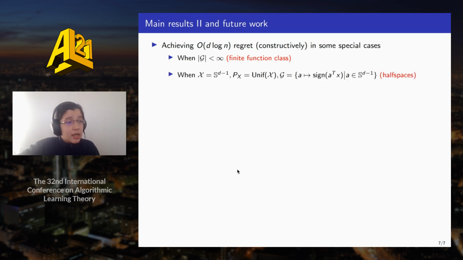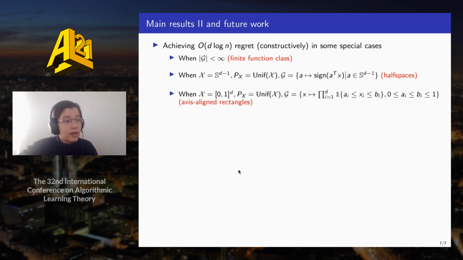When G is the class of d-dimensional half spaces, this class is known to have VC dimension d. And when P_X is uniform over the unit sphere, we used a mixture probability assignment to achieve order d log n regret. Similarly, when G is the class of axis-aligned rectangles in d dimensions, again, this class has VC dimension d, and P_X is uniform over the unit cube, we were able to achieve d log n regret.